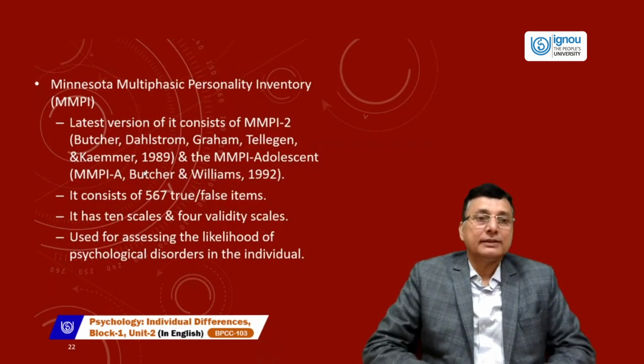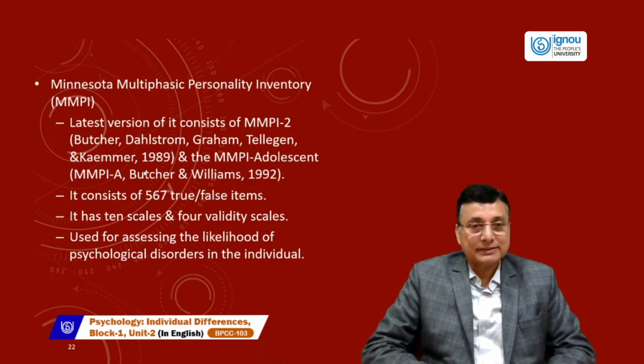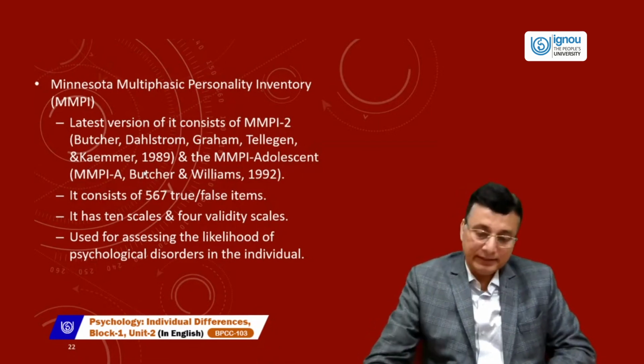The latest version of MMPI is MMPI-2, and it consists of 567 true false items. It has 10 scales and 4 validity scales, and is used for assessing the likelihood of psychological disorders in the individual.